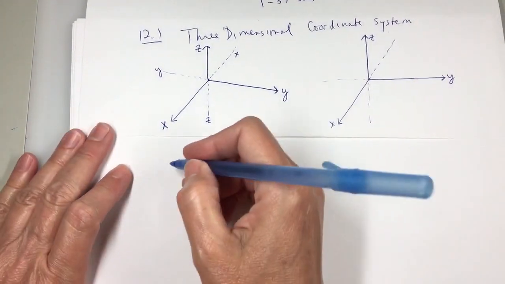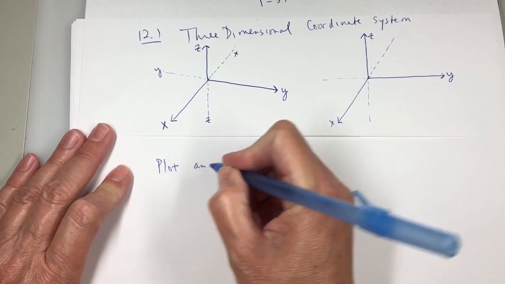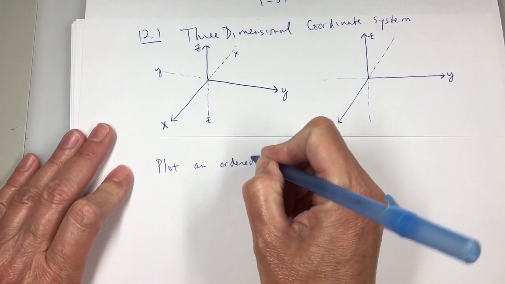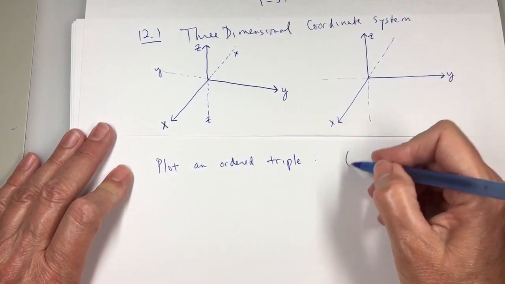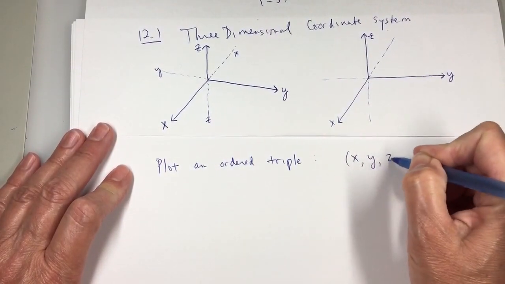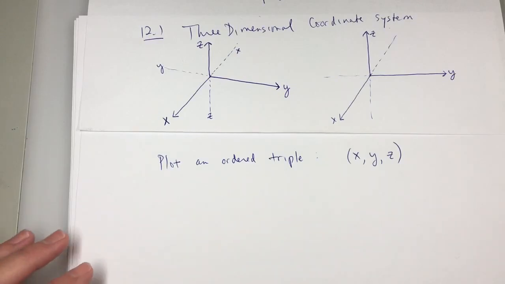So we'll plot an ordered triple, and I would call this XYZ. You just have 3 coordinates.